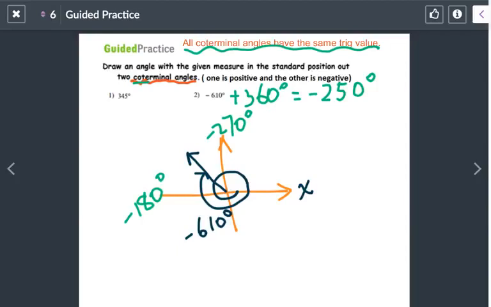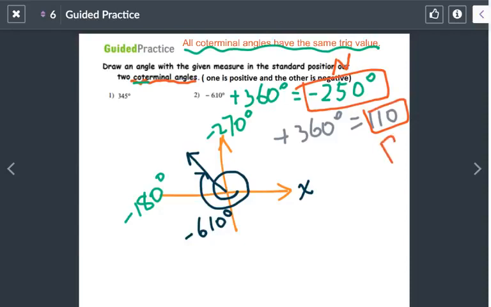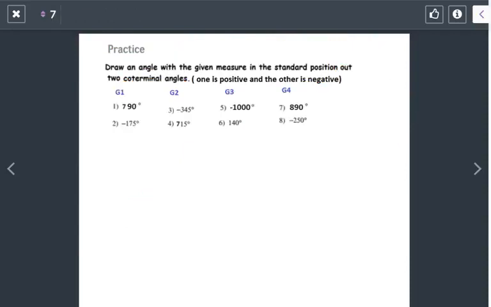And negative 250 is also a negative coterminal angle. And how do you get the positive coterminal angle? You need to add 360. Then you get 110. This will be your positive coterminal angle.